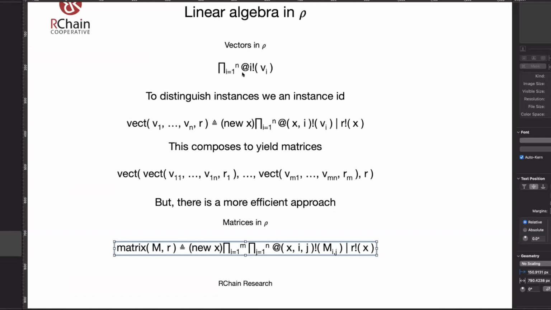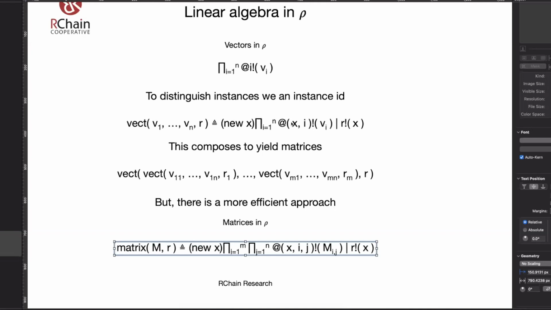Now, of course, that doesn't quite work because then we couldn't have different instances of vectors, right? But if I just make some salt here, and then I add the salt to the index, and I make sure that whoever wants to access this particular vector has the salt, then they can now access each of the entries.